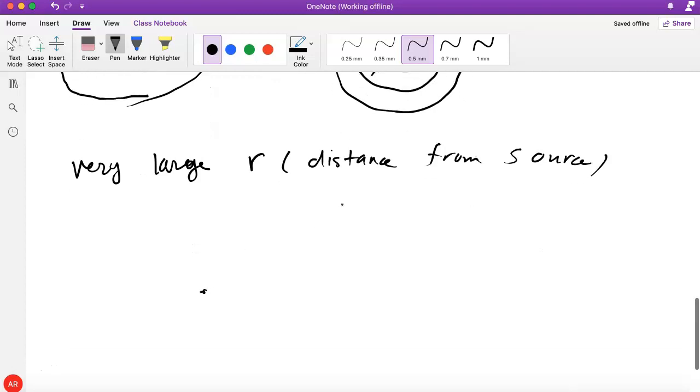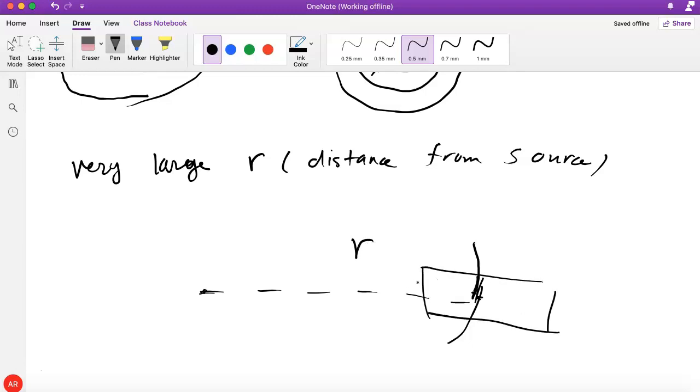So imagine that's the source, that's a huge circle, right, of radius r. And we just look in some local region, right? So you're going to see a very small angular dependence.